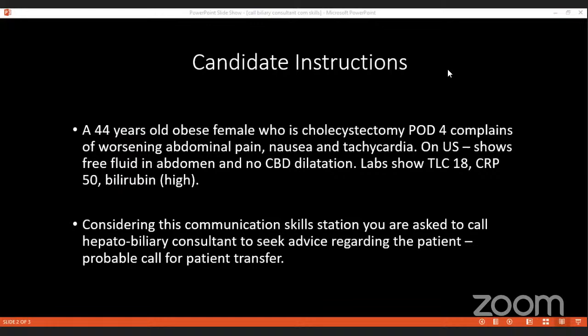Is the patient in shock or not? Have you checked that?